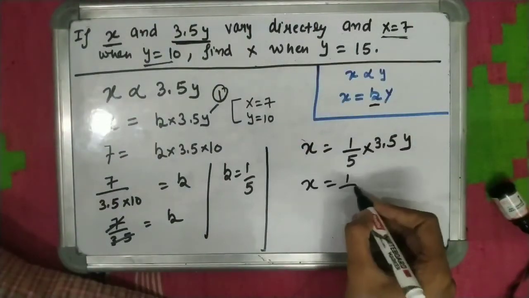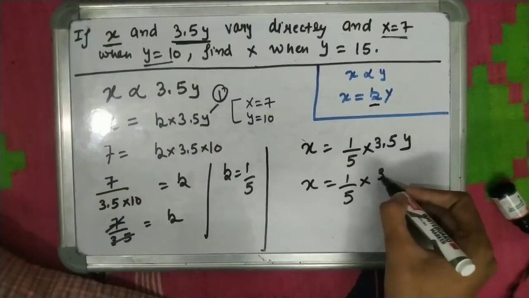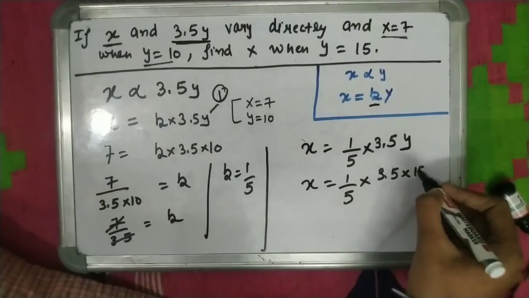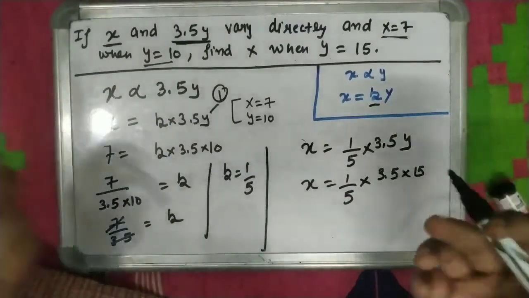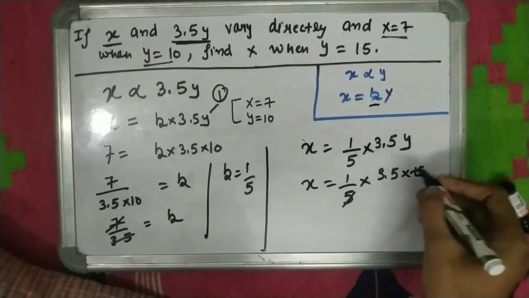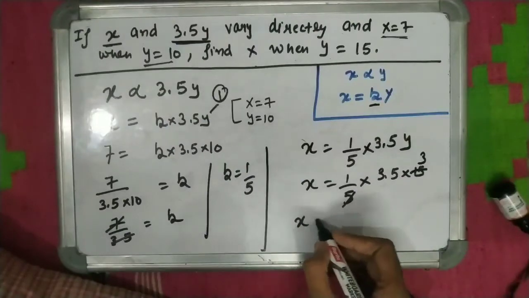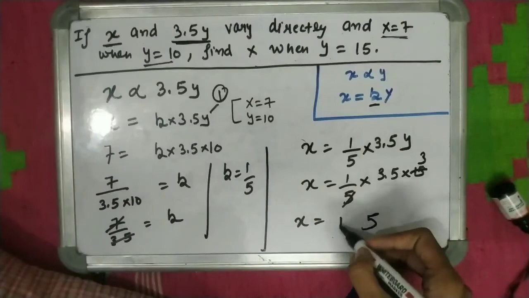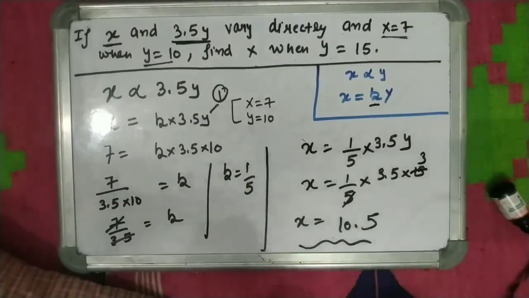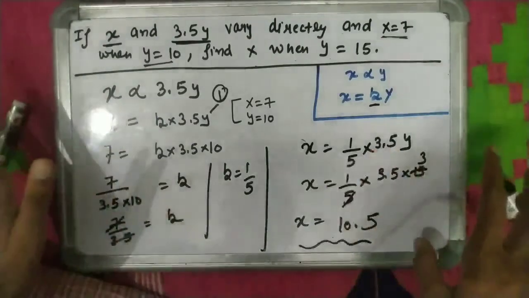So x is equal to 1 by 5 into 3.5 into 15. Then just do simple calculation, you will get the answer. So this will be 3 here, and x is equal to near about 10.5. So this is the end of the video.